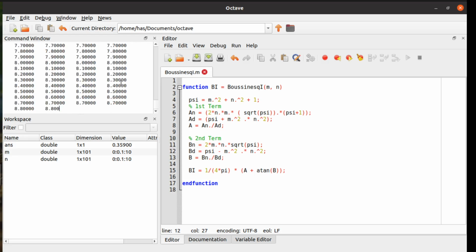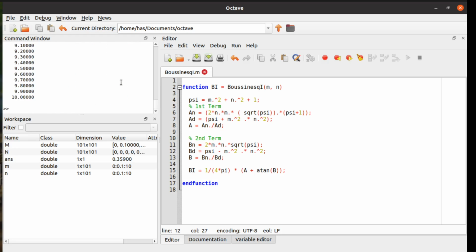Okay, should have done that. Now Boussinesq I is Boussinesq I of capital M, capital N. Let's not print everything to screen again. Okay, it's done here. Let's plot it.